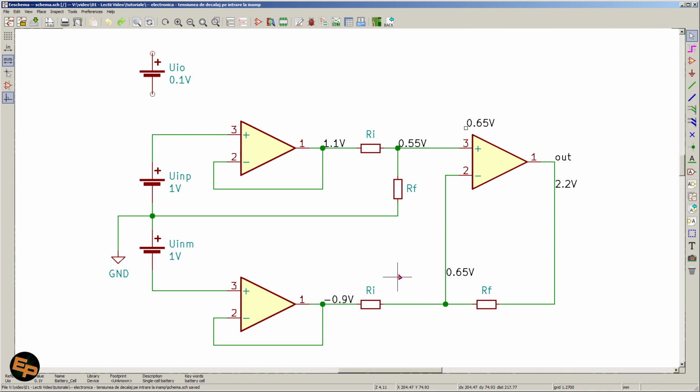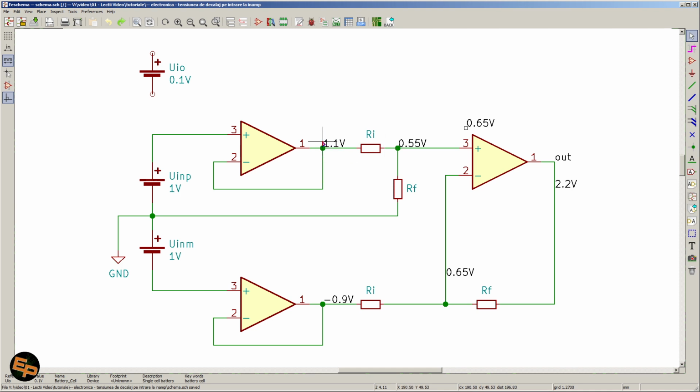Then we have some intermediate voltages around here, and we can figure out what the output voltage of this differential amplifier is going to be. On the positive side, we have a voltage divider. Again, let's consider that all 4 resistors have the exact same value.